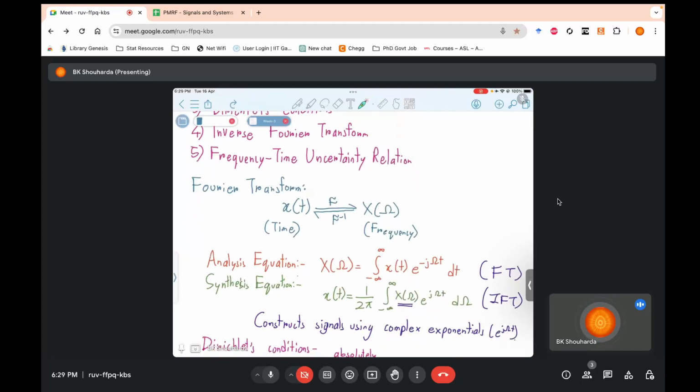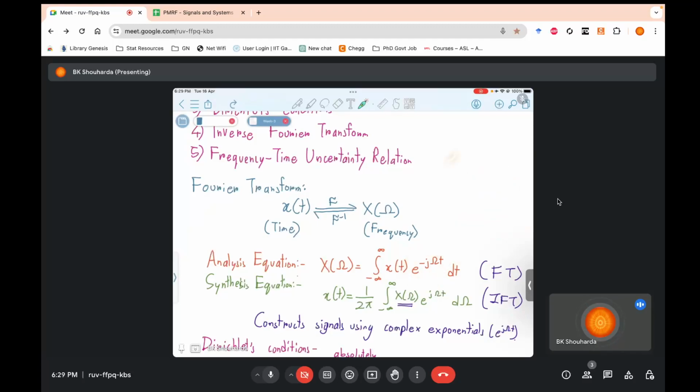So you have a signal x(t), its corresponding Fourier transform is X(omega). How do we find X(omega)? It is the integral of x(t) and the basis functions. By basis functions, I mean the set of functions which are used to construct the signal, considered to be the complex exponential signals e to the power minus j omega t.